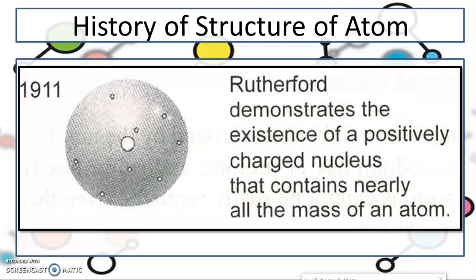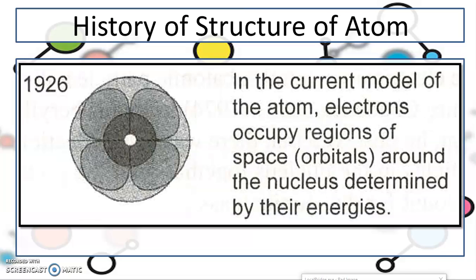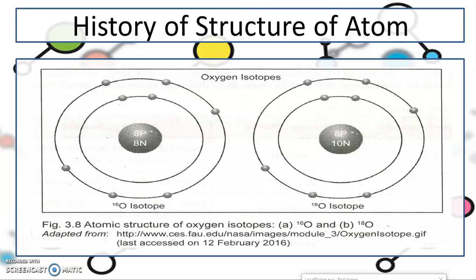Rutherford demonstrated the existence of a positively charged nucleus that contains nearly all the mass of an atom. Bohr proposed fixed circular orbits around the nucleus for electrons in 1913. And then in 1926, in the current model of the atom, electrons occupy regions of space, orbitals, around the nucleus determined by their energies.